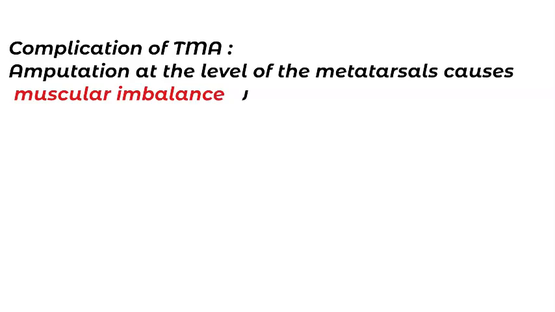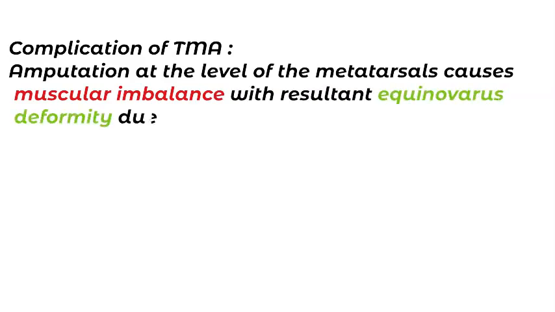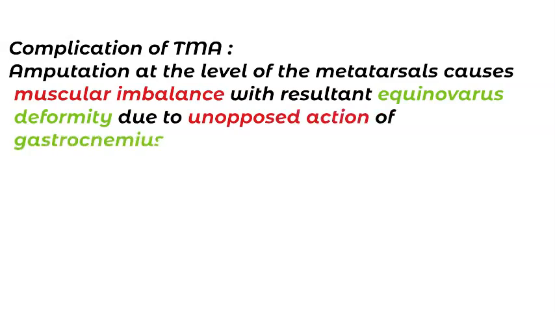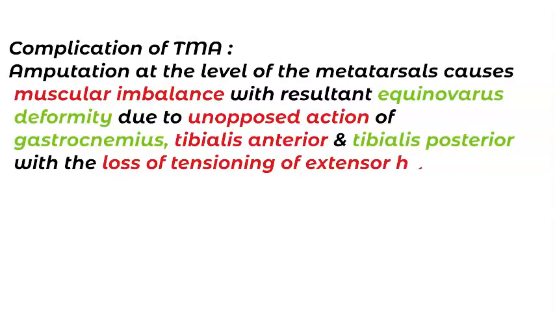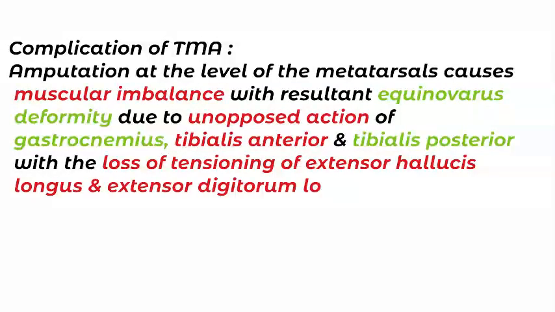Complication of transmetatarsal amputation. Amputation at the level of metatarsal cause muscular imbalance with resultant equinovarus deformity due to unopposed action of gastrocnemius, tibialis anterior and tibialis posterior, with the loss of tensioning of extensor hallucis longus and extensor digitorum longus.